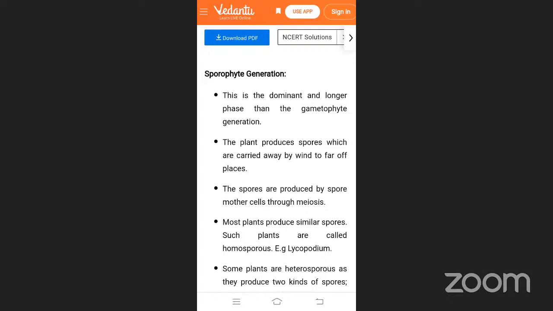This is the formation of the sporophyte directly from the gametophyte without gametic fusion. Without gametes fusing, the sporophyte directly develops. That is apogamy, a special character in the pteridophyte.